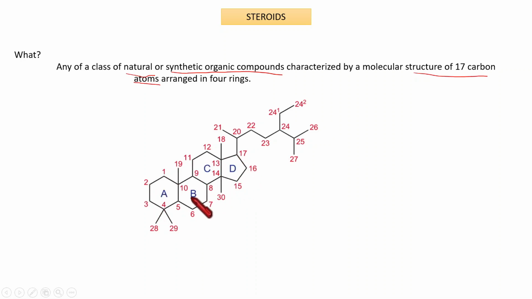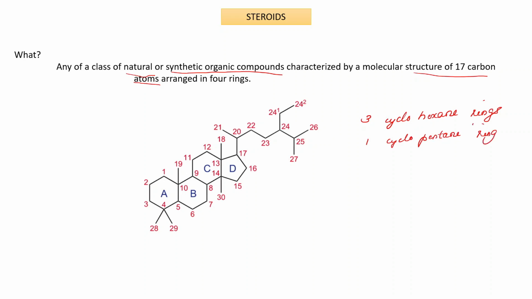As we look at this structure, we can understand that they present three cyclohexane rings and one cyclopentane ring.